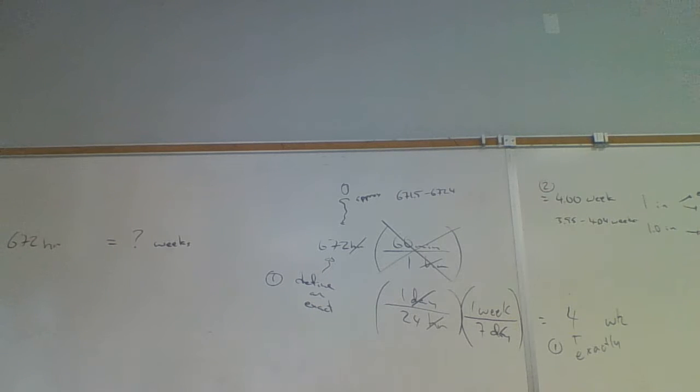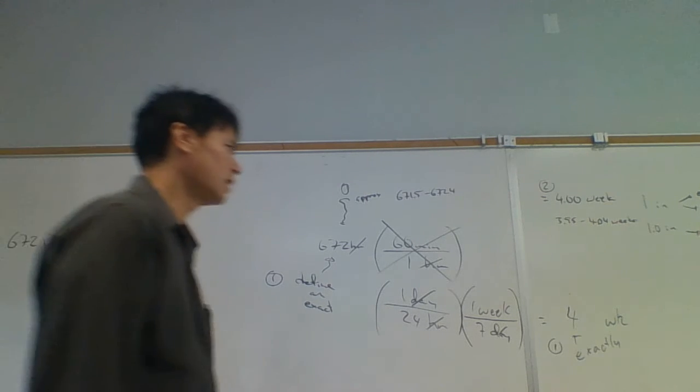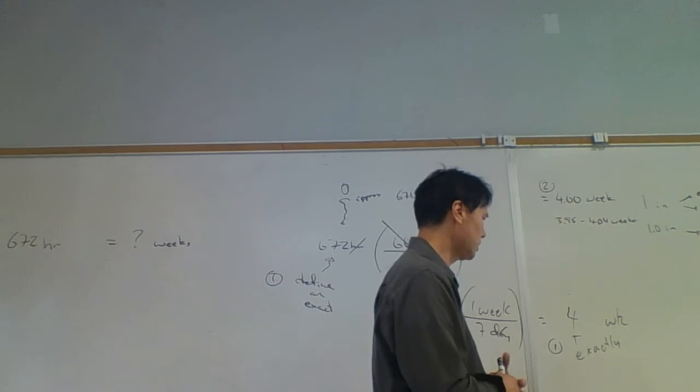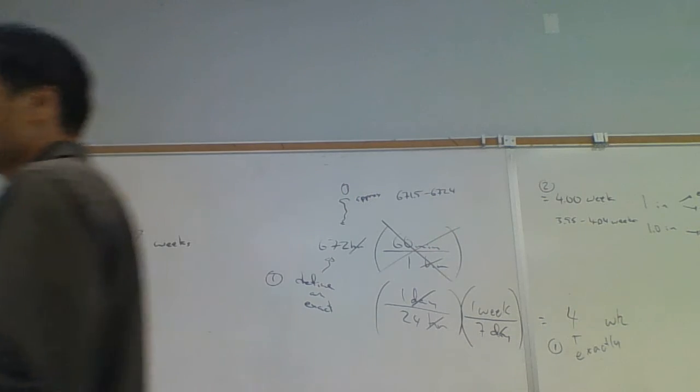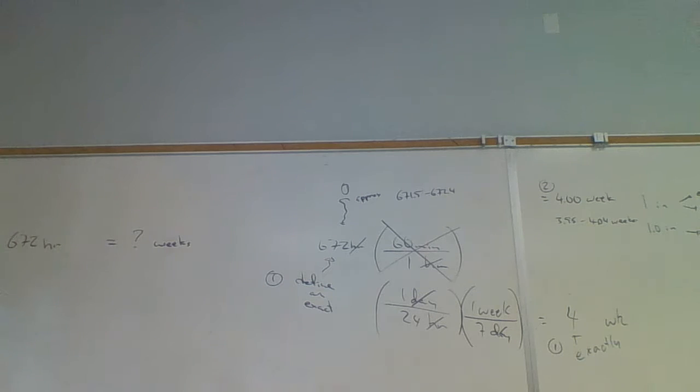The reason I'm starting to keep track of it is because I don't want to go back and correct these things later. So anyway, they convert hours to days, and then days to weeks, and then calculate the number. The formatting's off a little bit here. So that makes sense. About 4 weeks.